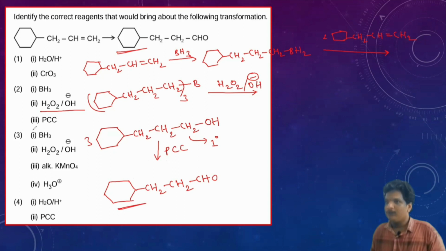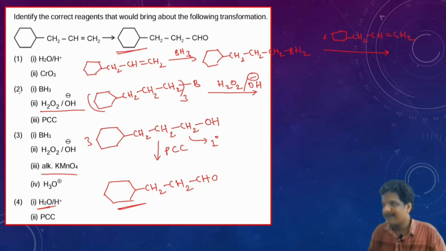If you consider this option, in the third step we have KMnO4, which is a stronger oxidizing agent and gives a carboxylic acid instead of the aldehyde. In this other case, we have a secondary alcohol from H2O in acidic medium, which gives a ketone with PCC.